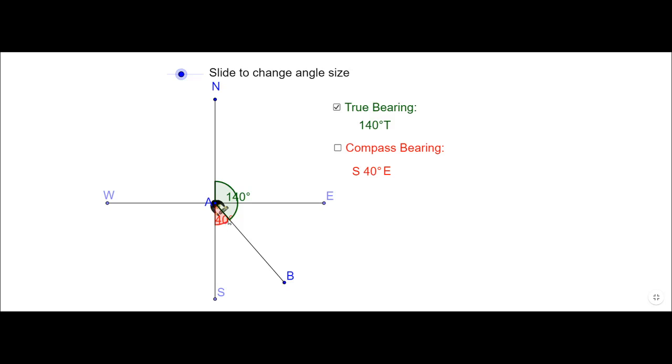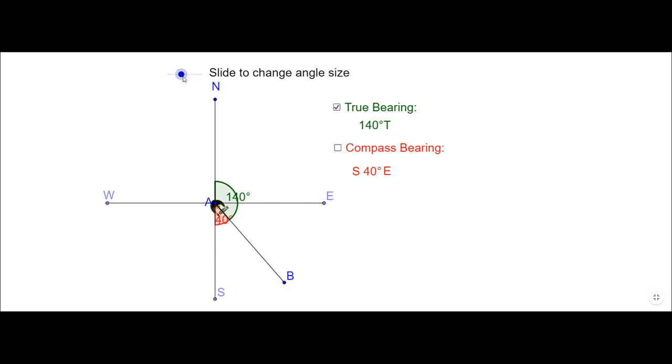So the compass bearing can be 180 minus the true bearing, which is 140, to get this 40 degrees. Because the whole of this angle up to this line is a straight line, this angle of a straight line up to this point is 180 degrees. So you minus the 140, which is the true bearing, you find this angle, the compass bearing will be 40, and therefore it will be south 40 degrees east.